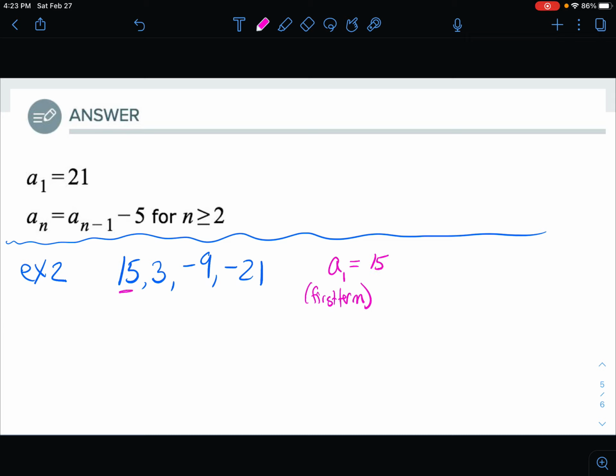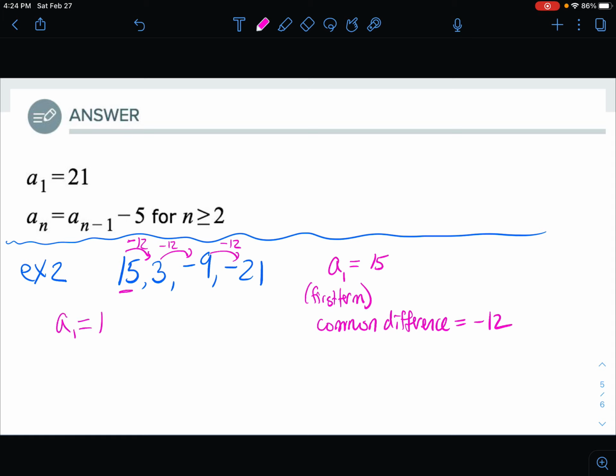Okay. Now how do I get from 15 to 3? You would subtract 12. We'd subtract 12 again, and again. So that means my common difference is negative 12.